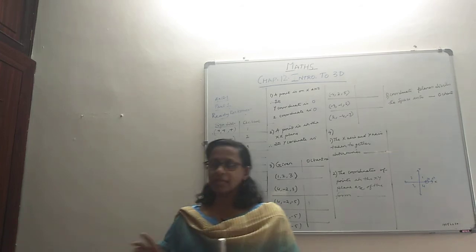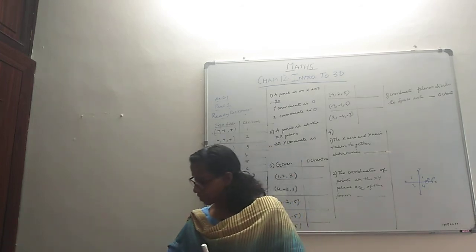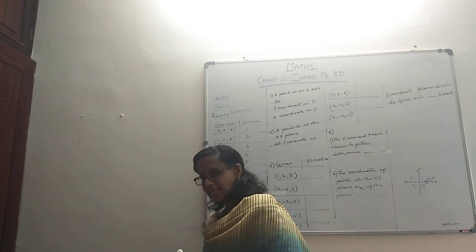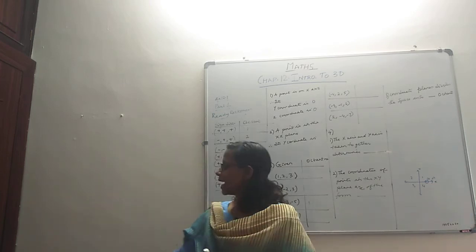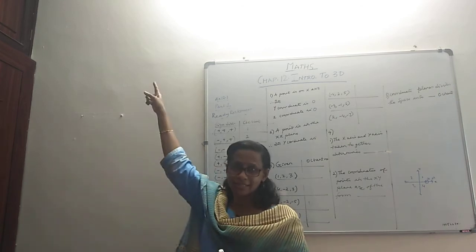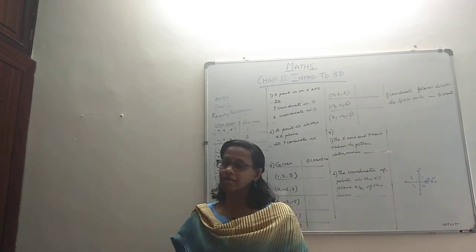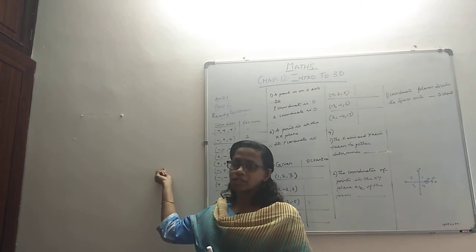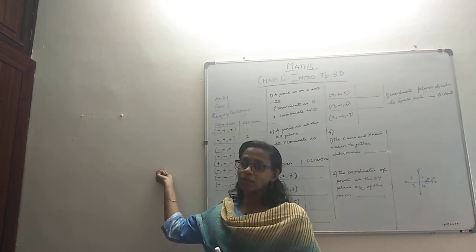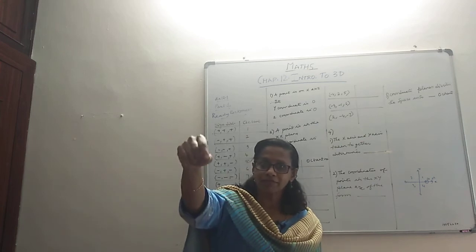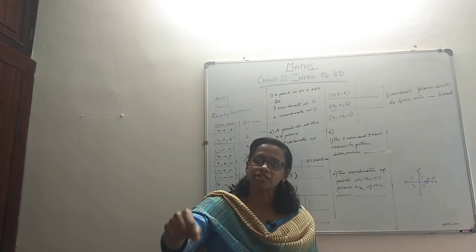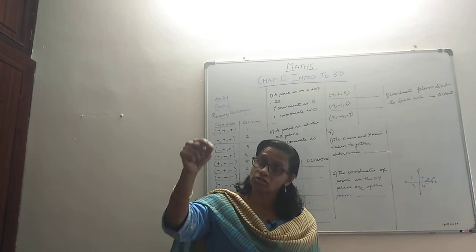For example, I am treating my bottom line this way as the x-axis, that line that way as the y-axis, and this is my z-axis. This is how I am treating my octant. Suppose I have a point on this wall, then what happens? That point is on the wall, it is not in the space somewhere here. If it were in space, it would have an x, a y and a z coordinate.